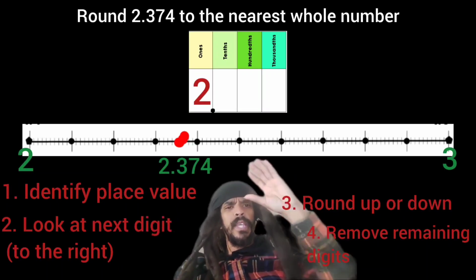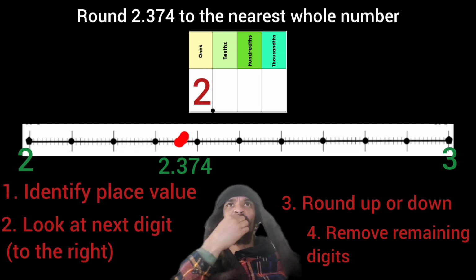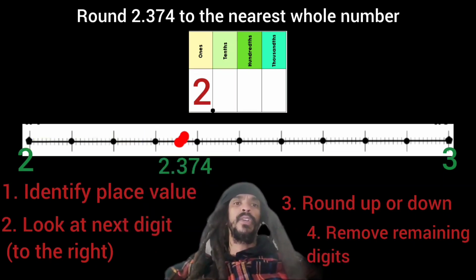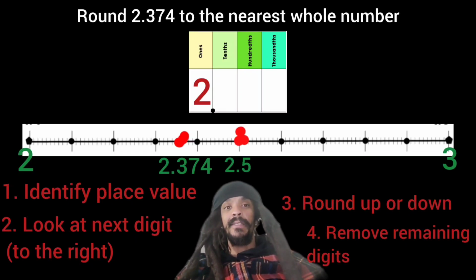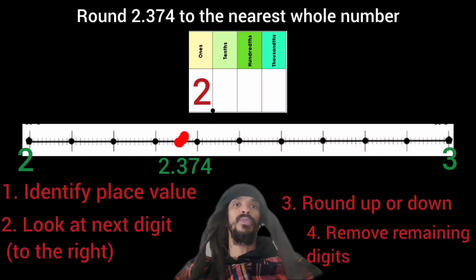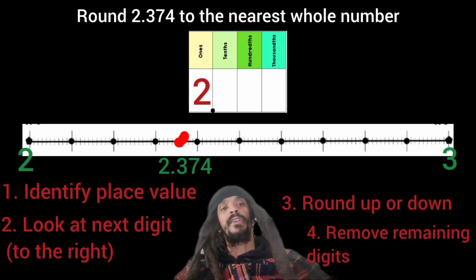When you put that on our number line, it's going to be closer to 2 than it is to 3, because our midpoint would be 2 and 5 tenths. So we can use our number line to check our answer.